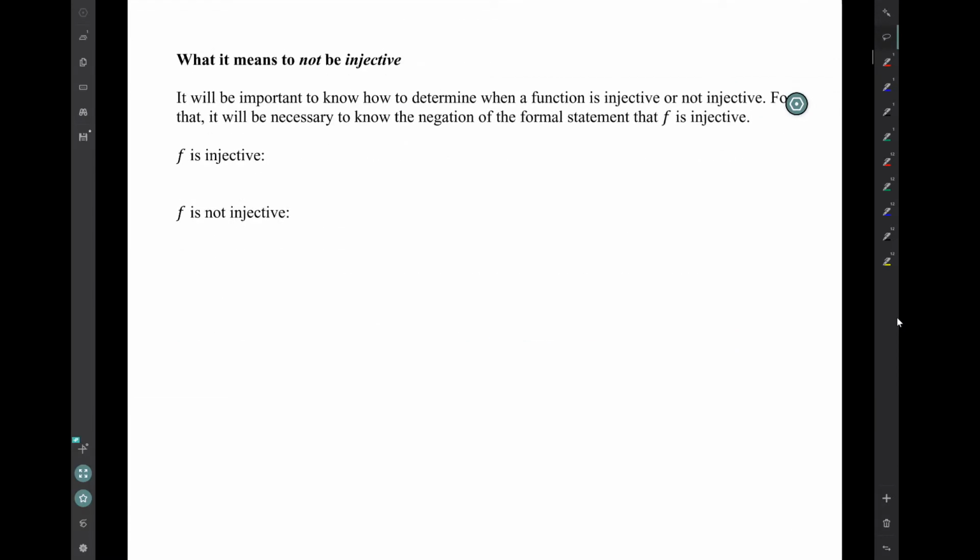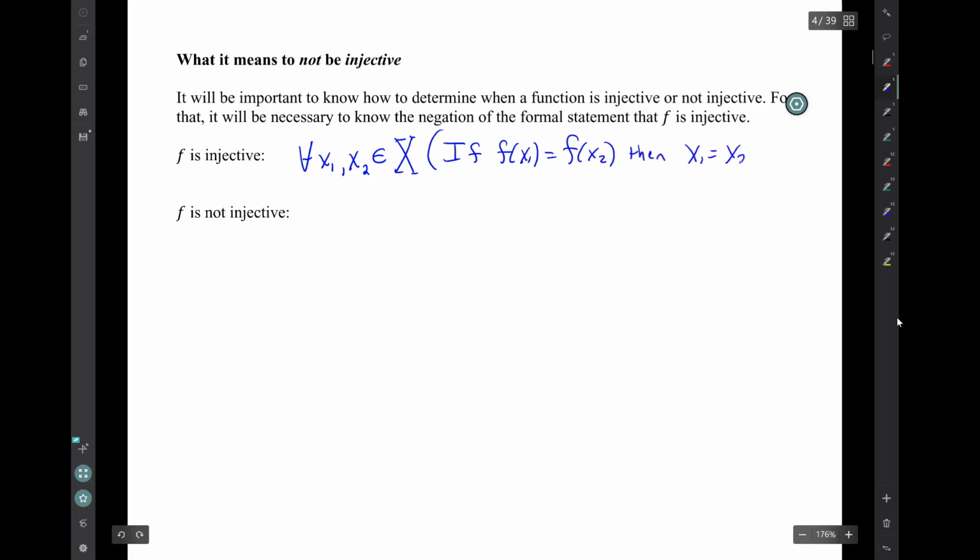Now we should be sure that we understand what it means to not be injective. For that, it'll be necessary to understand the negation of the formal statement that f is injective. So to say that f is injective means this. That's the statement that f is injective. The statement that f is not injective is the negation of that.